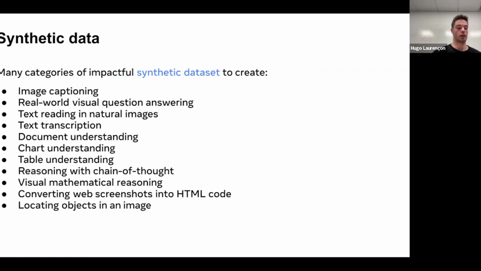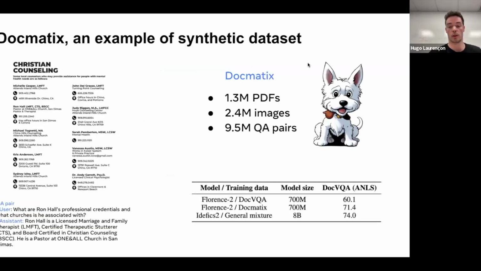So in the recent paper we show that there is a lot of room for improvement for many different datasets. Here is a list of them. The idea is that if you want to be good at something, you simply create a good dataset for this specific task. And you can do it at scale by creating synthetic datasets. This is clearly the approach we took by creating our dataset Docmatix.